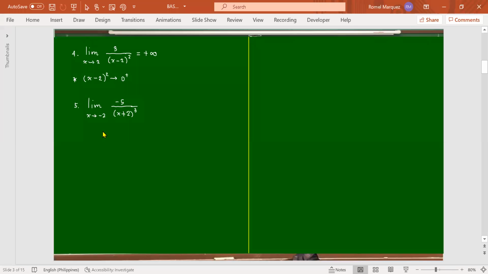Okay? Since the denominator has an exponent 3, expect that from the left and from the right, this will have different directions, kung saan it will be going to 0. Yung isa, maaaring through negative values, yung isa through positive values.